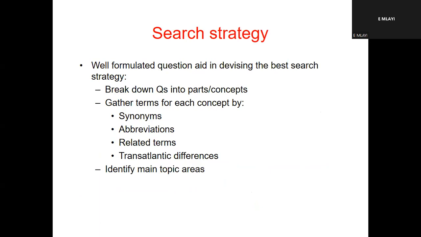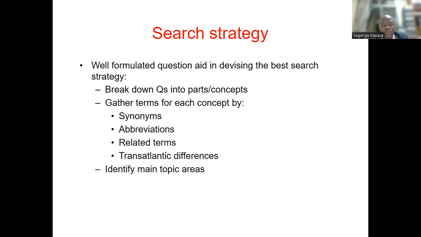Now, you need to break down questions or research questions into parts or concepts. That's very important. Before you start your literature review, you have to have research questions. You could have 3, 4, or 5, etc. Those which are manageable. Okay. And then, of course, you need to have search keywords for searching.